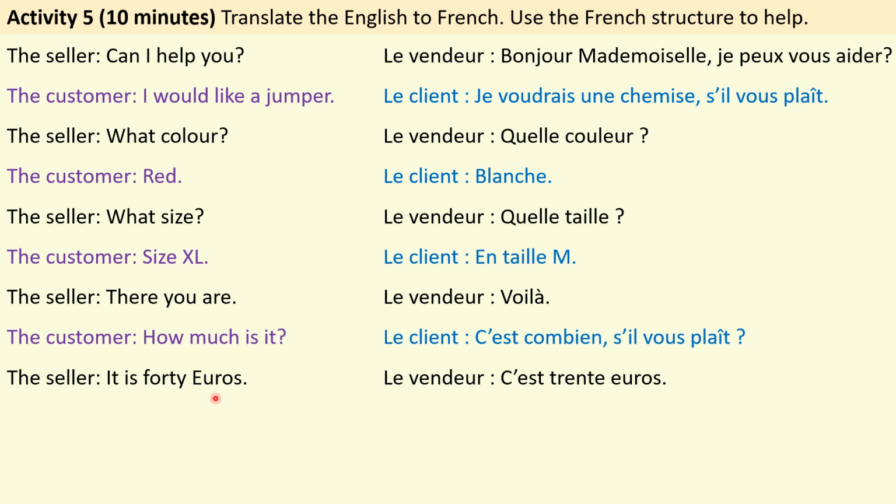But to be clear, this is what I want translating. You might want to use your coloured pen to write the customers in a different colour so it's clear who is speaking, who is the seller, maybe in just a black or blue pen, and then in your colour you could highlight what the customer says. Okay, just to make it super clear. Pause to write all of this in French and then press play to check your answer.